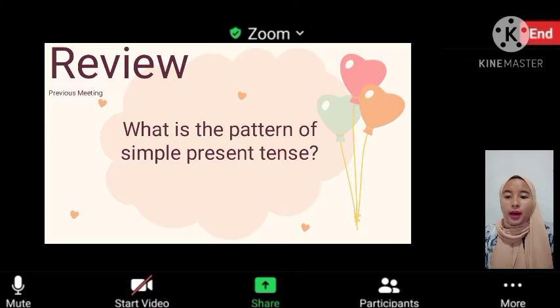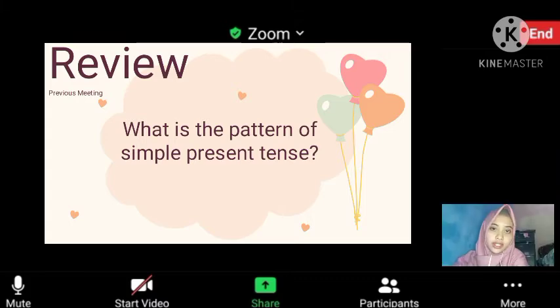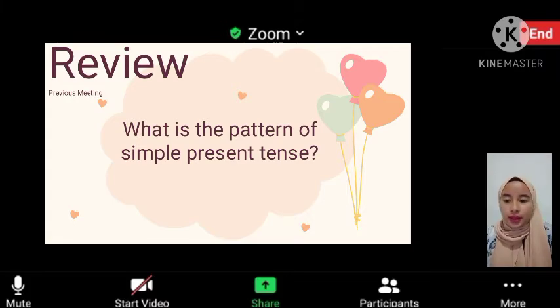Then I want to ask Senny, what is the interrogative pattern for nominal sentences? The interrogative pattern for nominal sentences is to be plus subject plus complement. For example, is this the biggest cake here? Good, Senny. Thank you for your explanation.